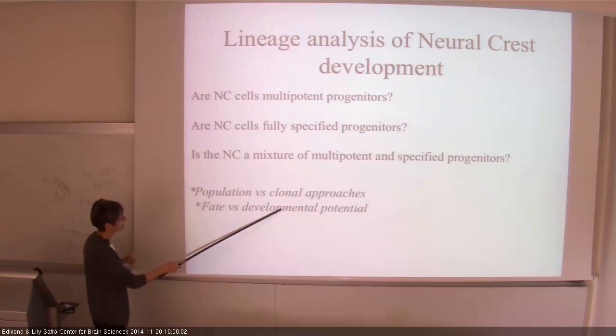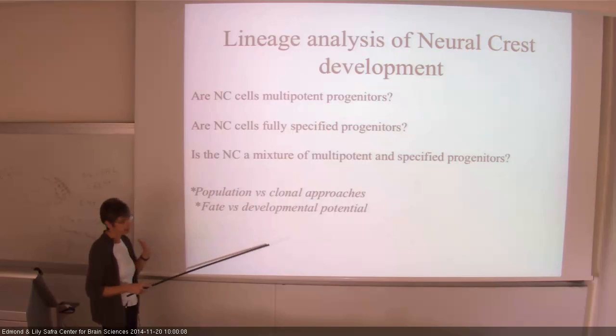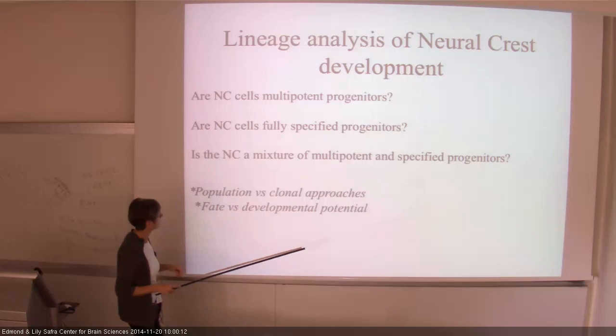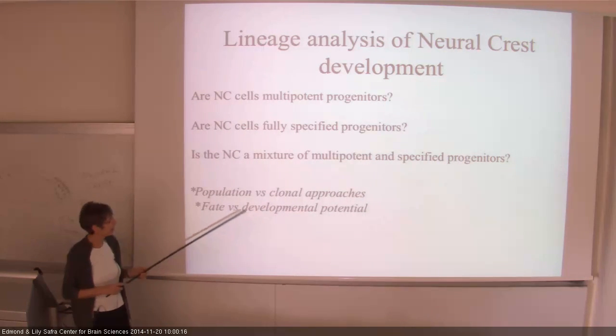So there have been several approaches to tackle this idea and these questions, and I'll make it rather quick, okay? A population versus clonal approach, a fate versus developmental potential. What do we mean?